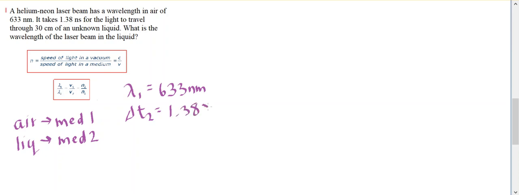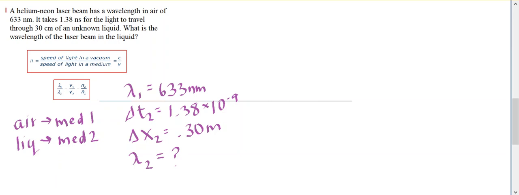However, we want that in seconds, so we'll multiply times 10 to the negative 9. The distance traveled in medium 2 is 30 centimeters. We want that in meters, so 0.30 meters. We are solving for the wavelength in medium 2. And these are all of our variables.